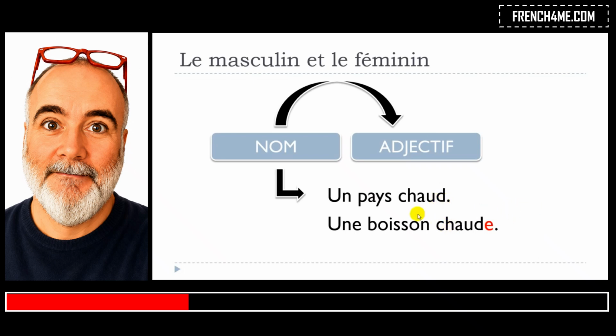In the coming videos I will explain everything, so the articles, the adjective, the way to put the feminine form, everything. So in this video it's just to show you that the masculine and the feminine, whether it's a noun at the masculine or at the feminine, will affect the adjective connected to it.